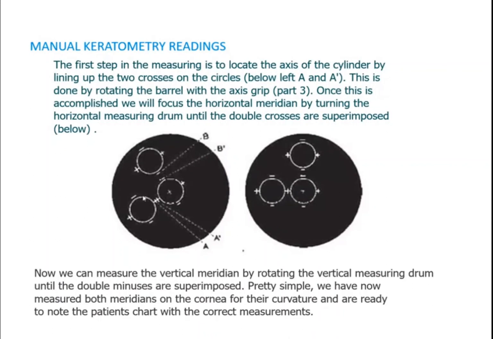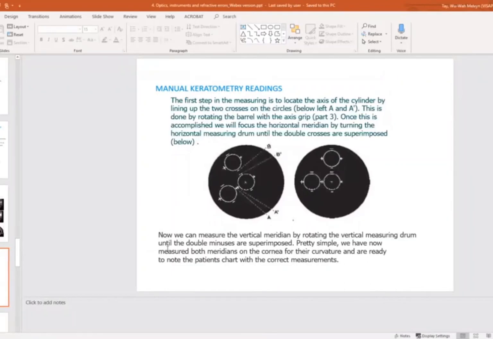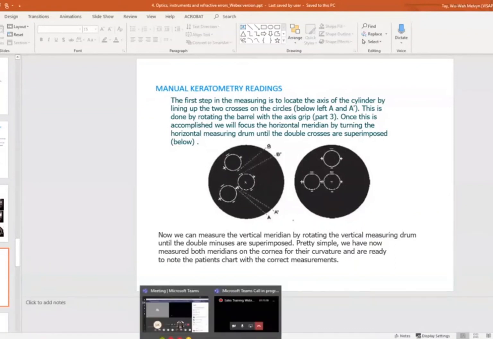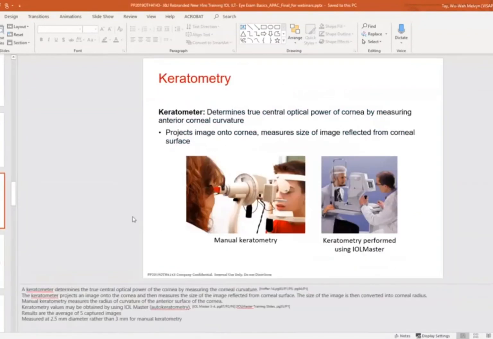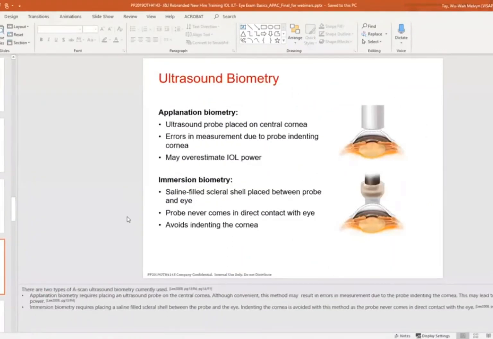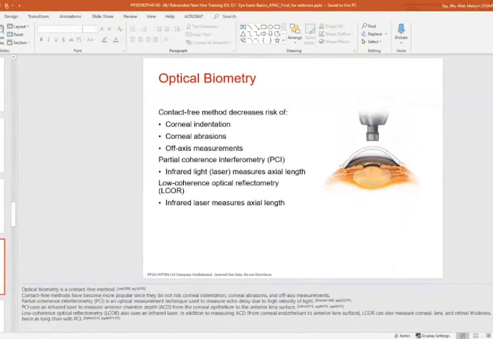Also, you made a point that when you say optical, that is more measuring the visual axis, while the ultrasound is more to do with the biological anatomical axis of the eye. Can you elaborate a little bit more on that? Yeah, when we refer to the visual axis, we're referring to the line from the apex of the cornea all the way to the macula.